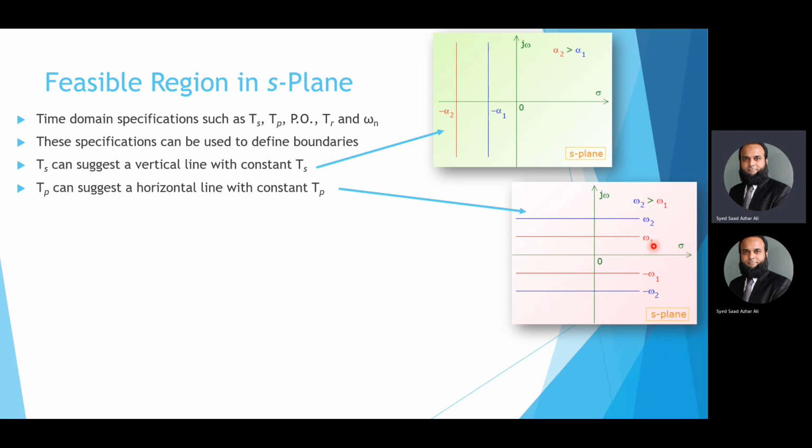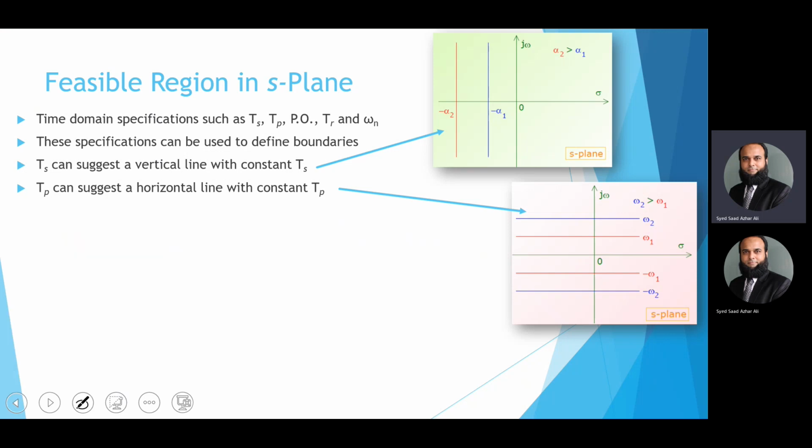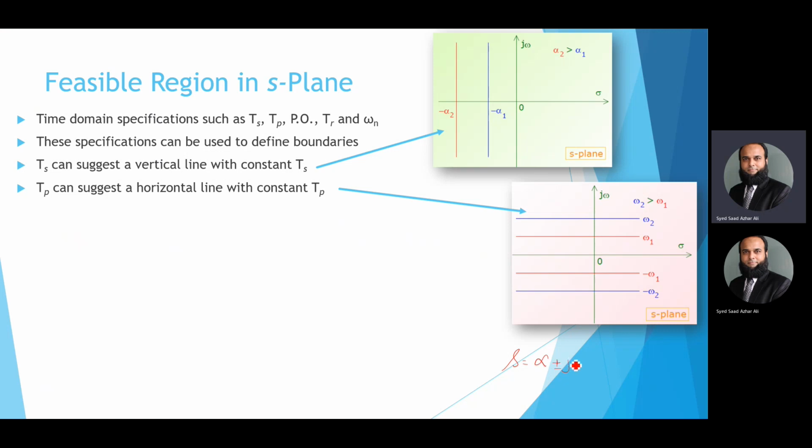Please make sure that this omega 1 and omega 2 are actually the complete imaginary part. Let me write it down here. The pole is actually S equal to alpha plus minus j omega, which in our case is minus zeta omega n plus minus j omega n under root 1 minus zeta square.